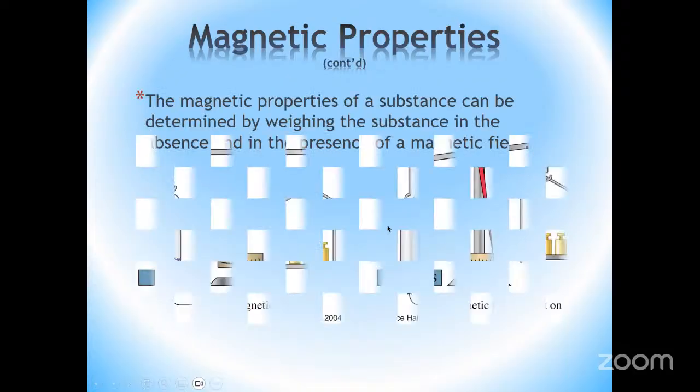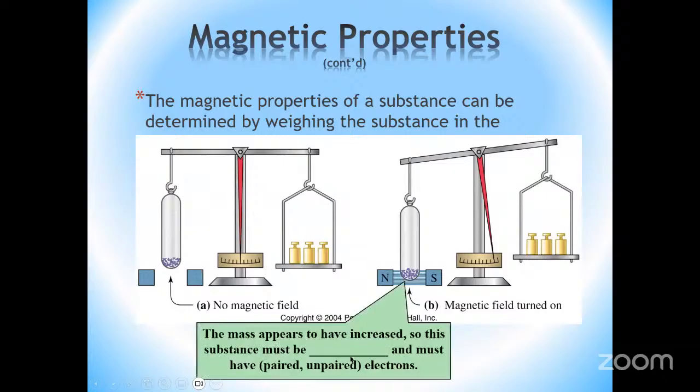Now, I have a diagram here which shows you the experimental setup for detection of magnetic properties. You have your sample here in this tube, and a magnetic field that can be turned on and off. If there's no magnetic field, the sample is in equilibrium with whatever is over here, so you can determine the weight of your sample directly.